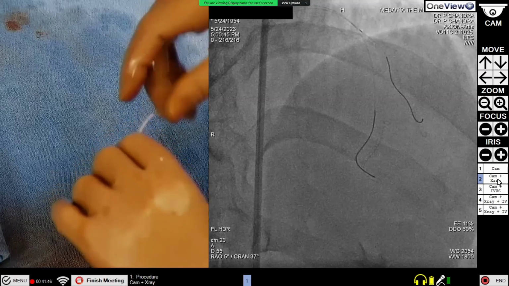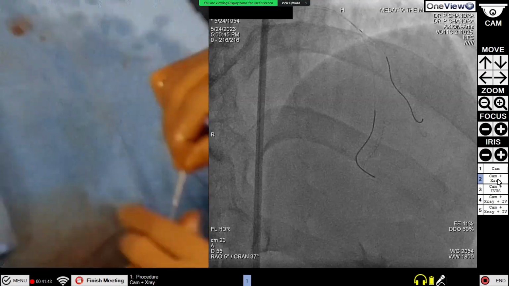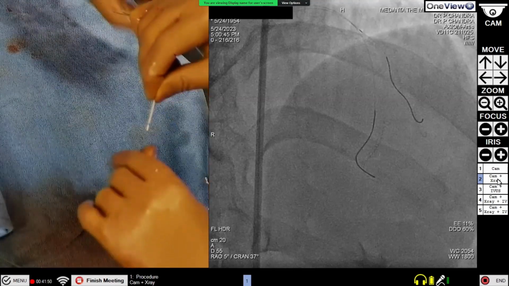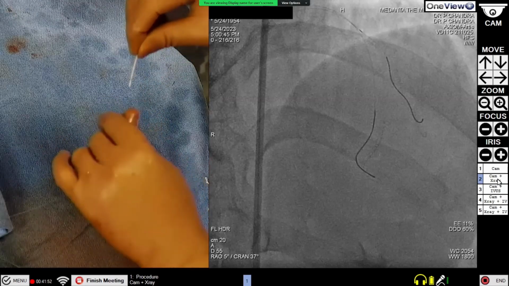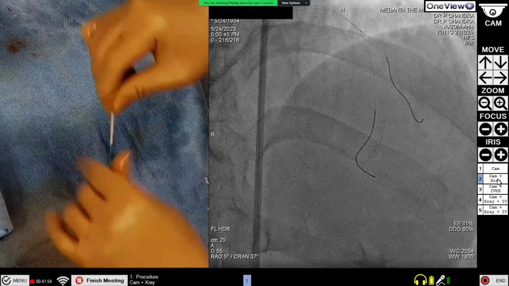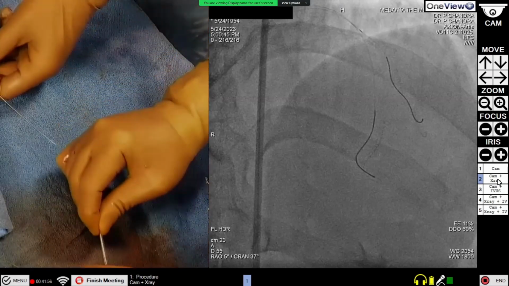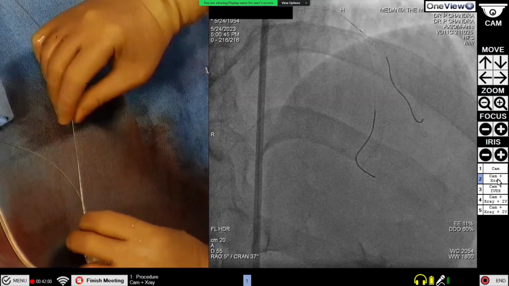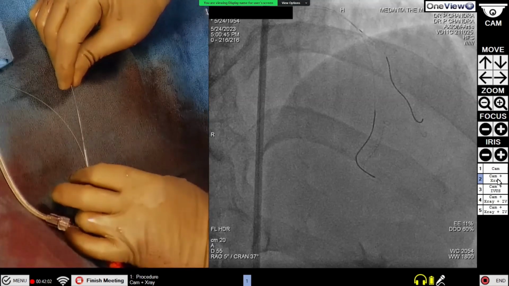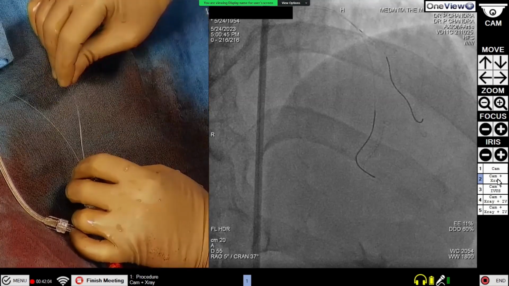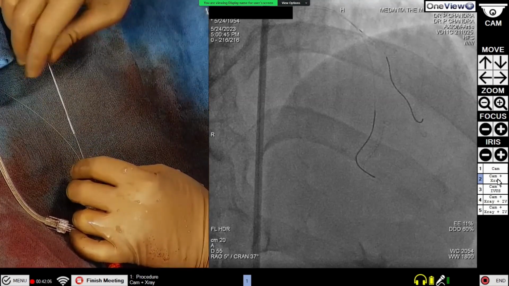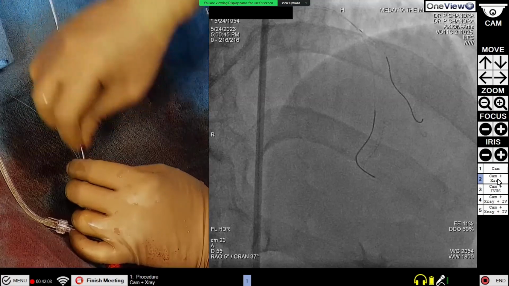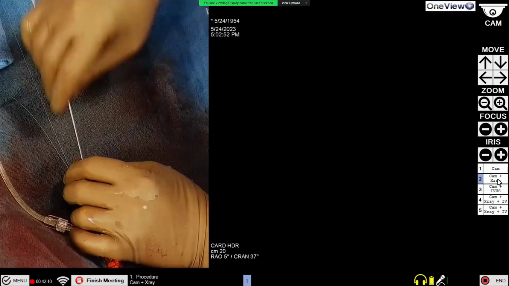So the release will be much more delayed than normal. And they have seen that the drug stays there till 90 days, which is what is there with the stents also. So we are getting all the benefits of stent without a stent. Up to 90 days it has been detected, and the concentrations are reasonably good even up to 30 days, and going up to 90 days the drug has been detected.